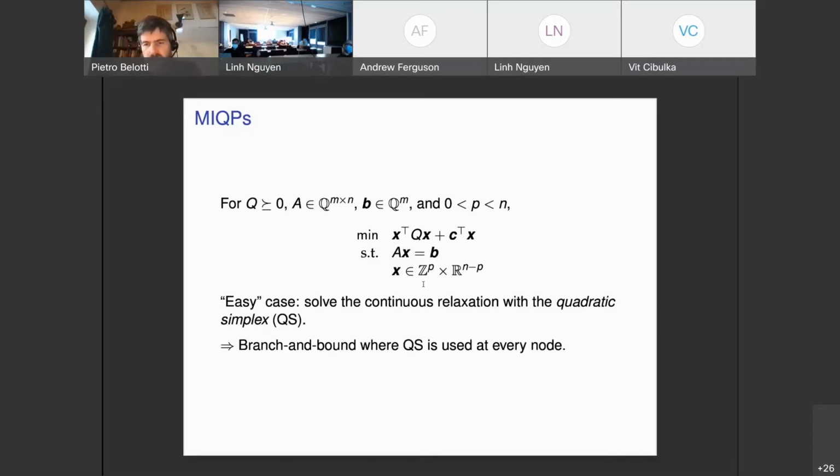The quadratic simplex is a version of the simplex method that can take on problems with a quadratic objective function. Obviously, it doesn't work with quadratic constraints, but it's still relatively efficient for solving a single branch and bound subproblem, in that it doesn't require as many iterations and as much time as an interior point method.